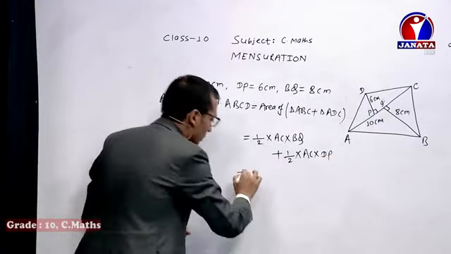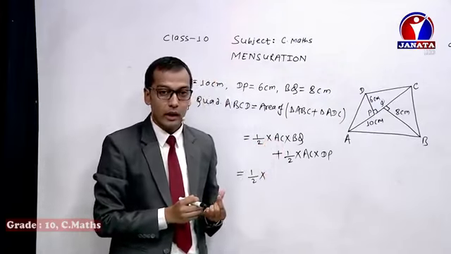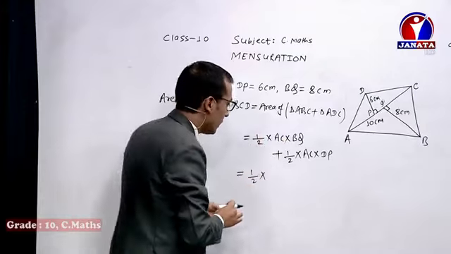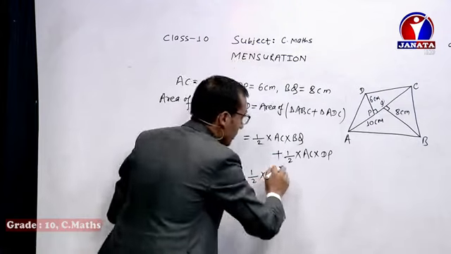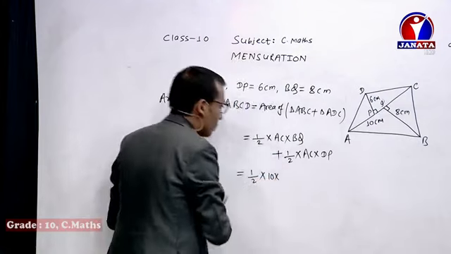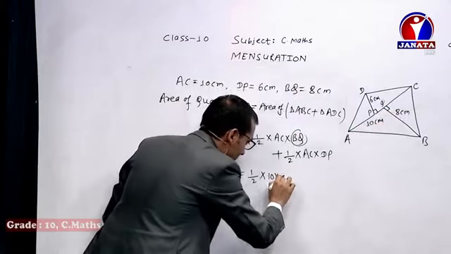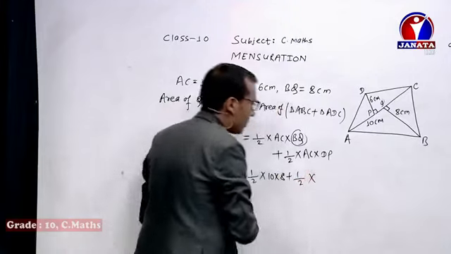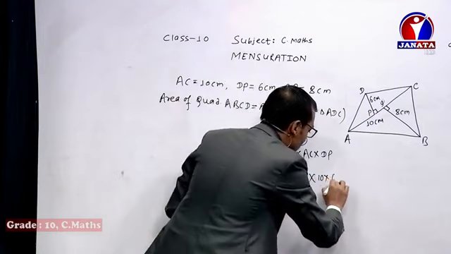There are two ways now, we can take 1/2 times AC common and then calculate, or we can directly use the values and calculate the area of two triangles and then we will obtain area of this quadrilateral. 1/2 times AC, 10, times what is BQ, BQ is 8, plus 1 over 2 times AC, 10, times DP is 6.